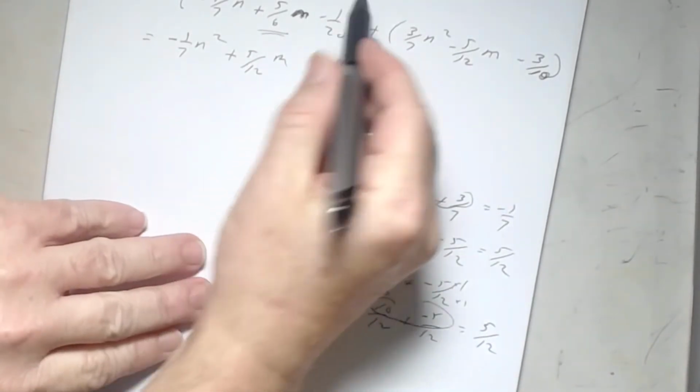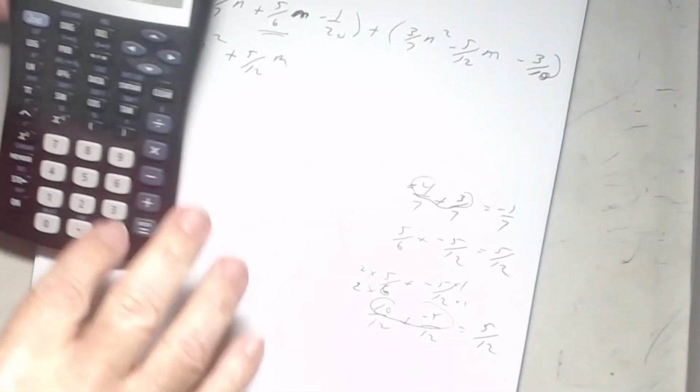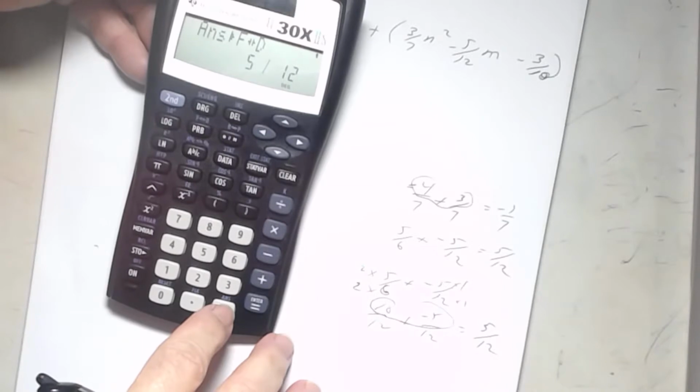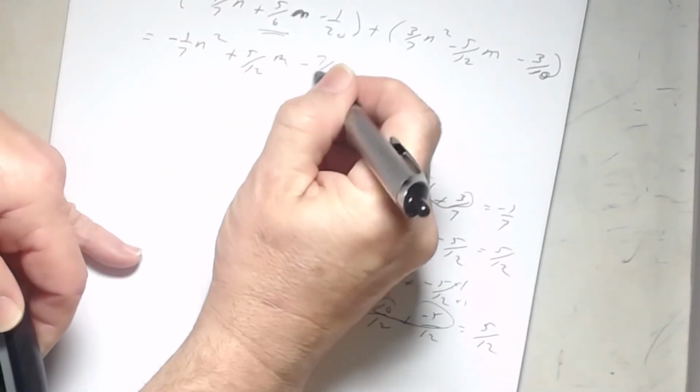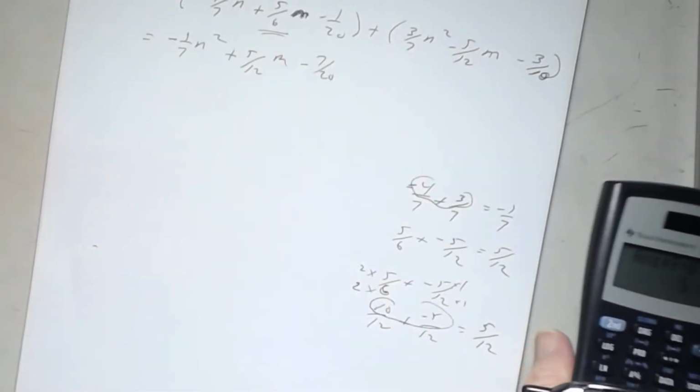Okay, and then use your calculator with this one. So a negative 1/20th and a negative 3/10. So negative 7/20ths. I'm just writing what someone told me, so the rest of you, if you have a calculator, make sure you do it.